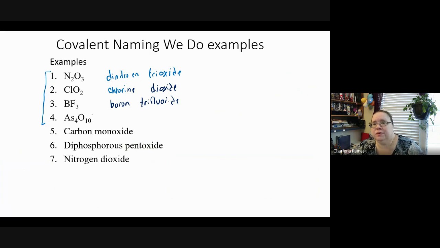Number 4, As4O10. Well, 4 is tetra. As, arsenic. I always want to say the wrong element, so I have to double check that particular one. So tetra, arsenic.